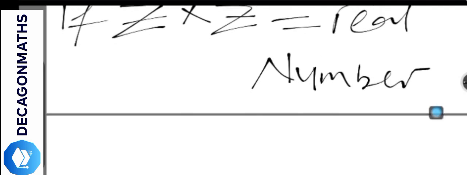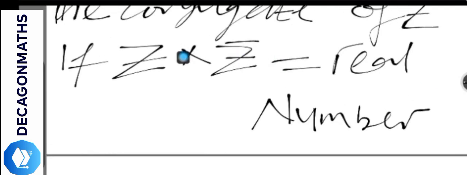So what we are saying is that if the product of z and z bar gives a real number, then that's when we have that this z bar is a conjugate of z. So that's what we are saying.